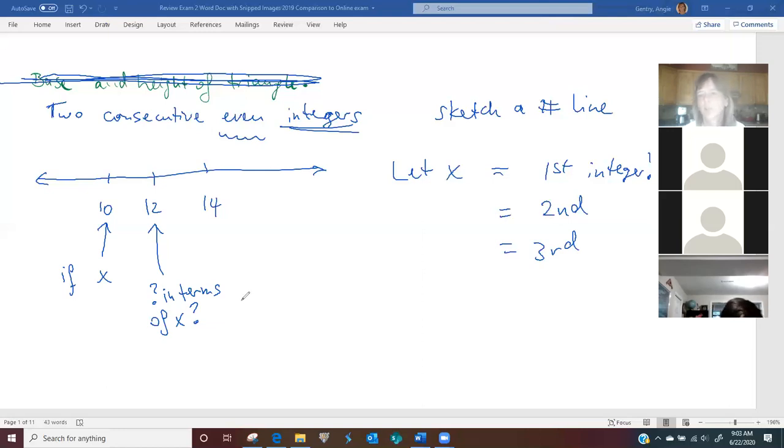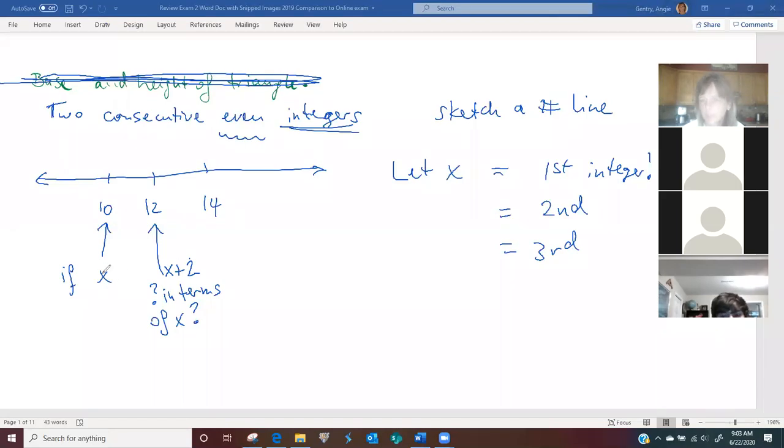If x is 10, what is this in terms of x? Meaning, how is it related to x? I don't even know. Oh, but you will, honestly. So if x is 10, can you see how 12 is 2 bigger than x? Yes. So if x is 10, then 12 is the next guy, and he is 2 bigger than x.